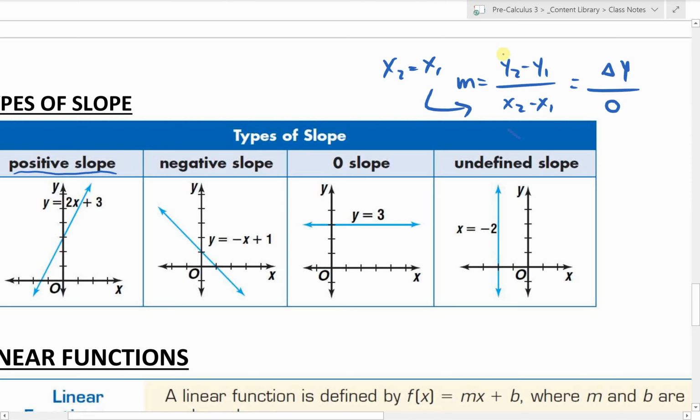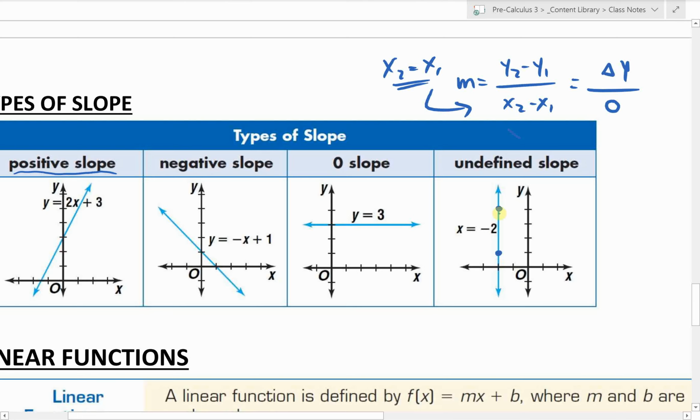So if you have two different points, x1, y1 and x2, y2, that have the same x coordinate, for example this point and this point, that's going to cause the slope formula to yield an undefined expression. But we can visually understand what's happening very easily.